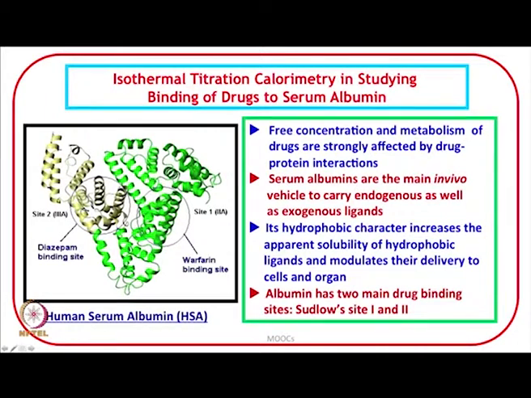Now, how isothermal titration calorimetry can be useful, in fact, we are going to discuss in detail. But let us discuss in brief that ITC will give us the value of delta H, it will give us the value of delta S, and it will give us the value of delta G naught. And delta G naught is expressed in terms of K. Whether we talk about K or we talk about delta G naught, it is almost the same thing.